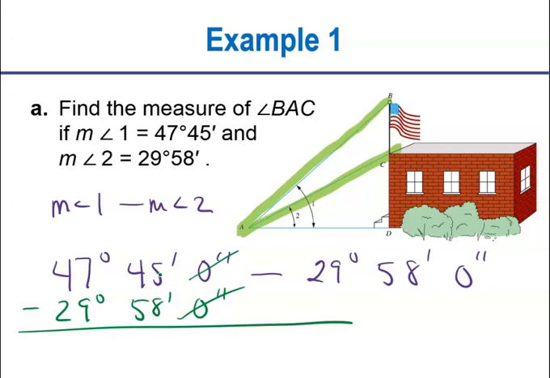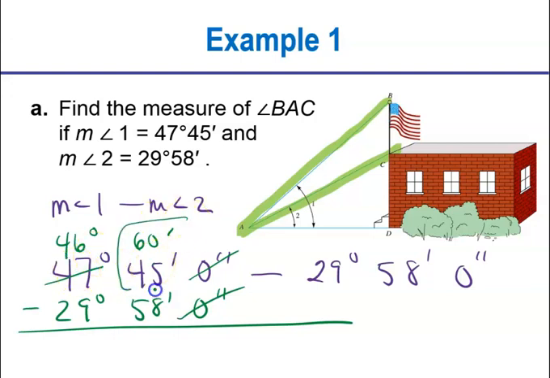Okay, so we're going to exchange one of these degrees here. So I'm going to remove one of these 47 degrees. I'm going to turn this into 46 degrees. I'm saying minutes. And I'm going to move over here an extra 60 minutes. Remember, 1 degree is 60 minutes.